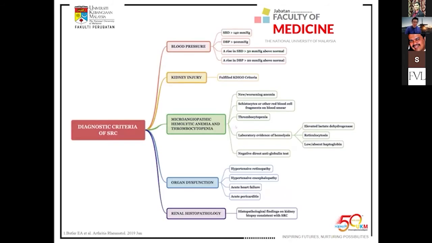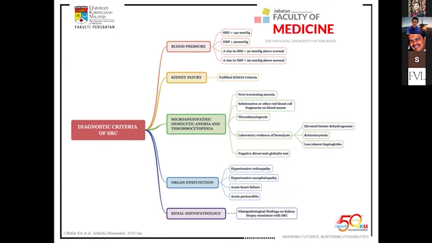So this is a recommended algorithm to diagnose an SRC. The systolic blood pressure should be more than 140, diastolic pressure more than 90, or there is a rise of the systolic blood pressure of more than 30, or diastolic blood pressure more than 20 above the baseline.